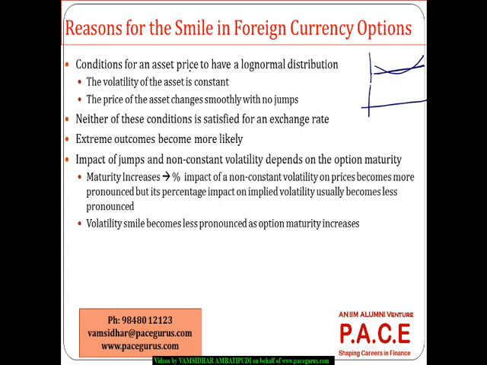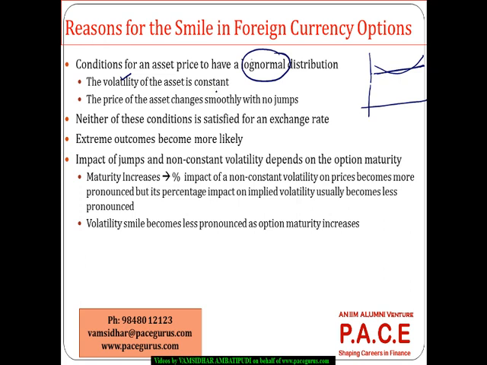a few reasons. If you are really assuming that the asset price is following a log normal distribution, the volatility should be constant. If you are perfectly assuming that, we see that the volatility of the asset should be constant.